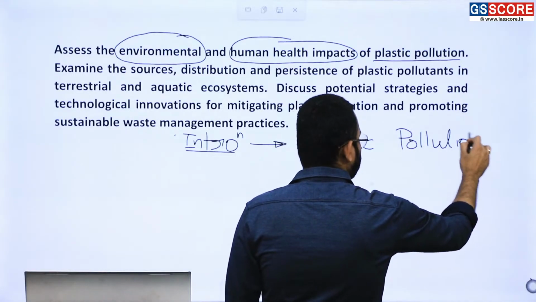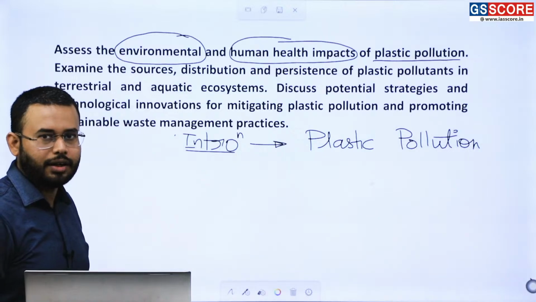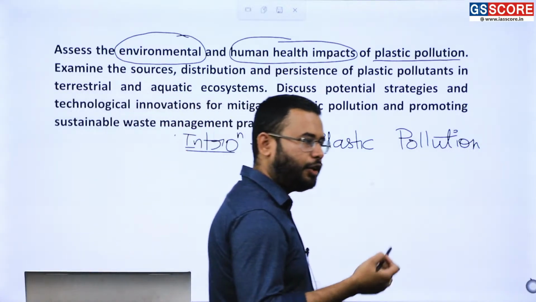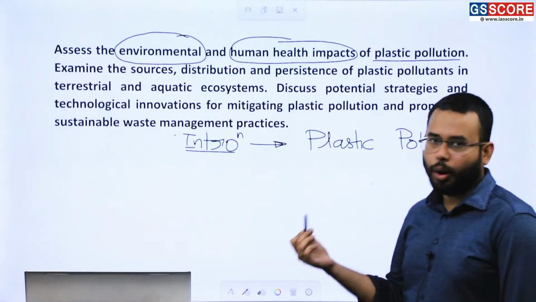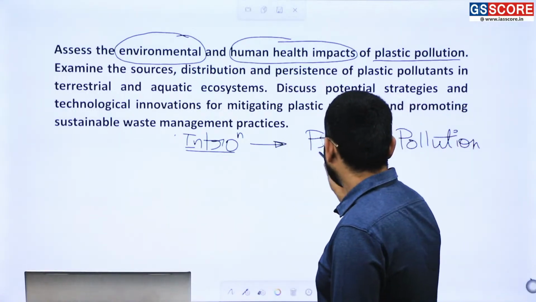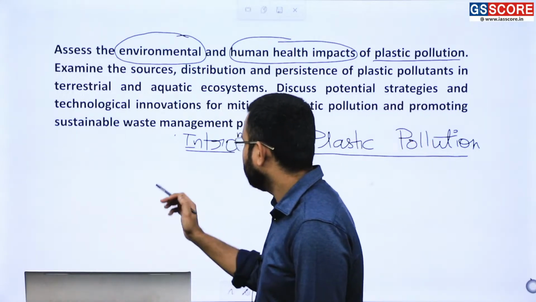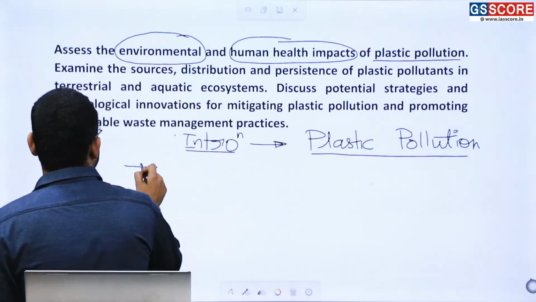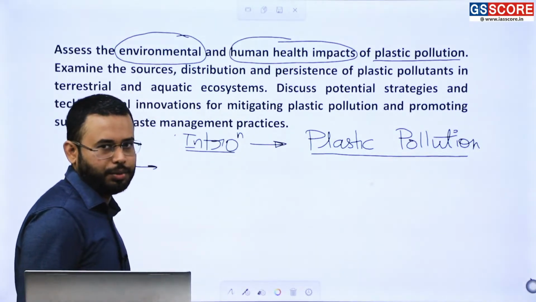It would be better if you can quote data related to plastic pollution, which indicates in the introduction itself what the magnitude of the problem is, right? So in the introduction you can start with factual information related to plastic pollution. Then the first subhead will be the environmental and human health impacts of plastic pollution.